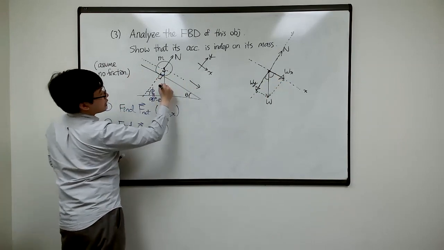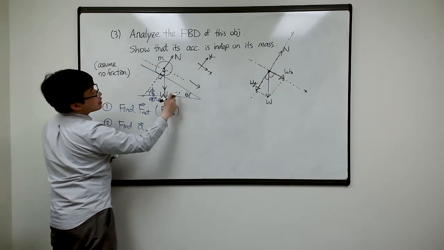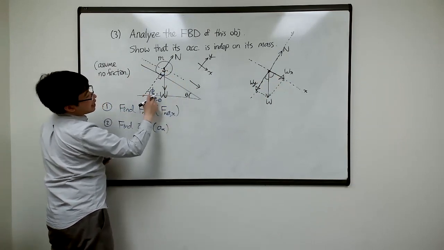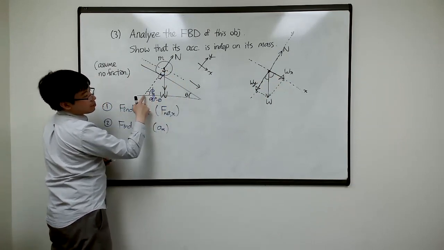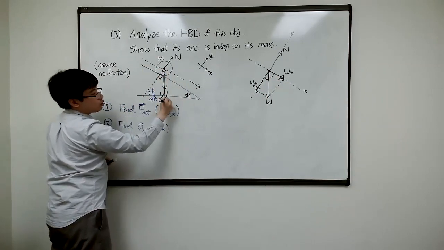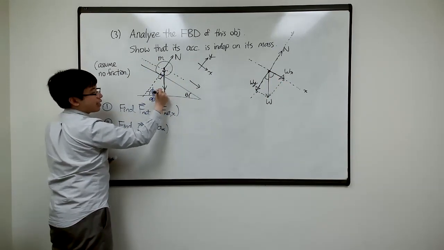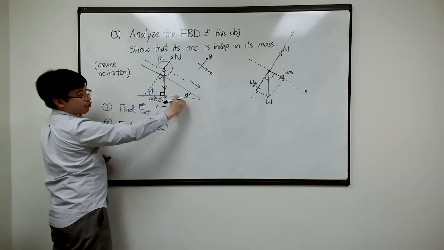Maybe this. If I extend this a little bit down, straight down, which is what gravity is doing, pulling this straight down, then I have another 90 degrees here, this time with the ground.